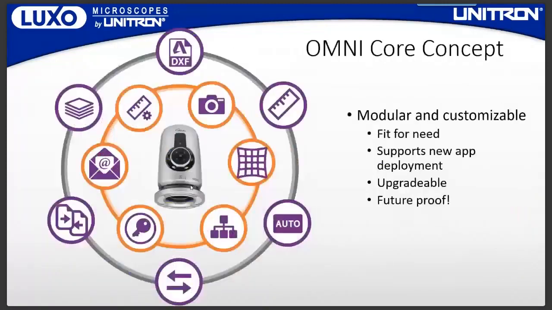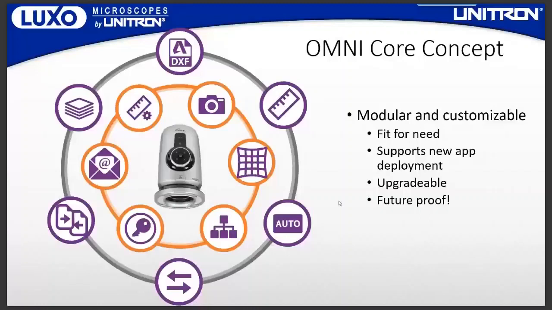The Omni Core begins with a robust set of standard features and functionality that are shown in the middle in orange. These include calibration tracking across magnification changes. You can set user privileges. You can save files to a network, or you can even email them. You've got full control of the camera and orientation, and there's also lens distortion correction.